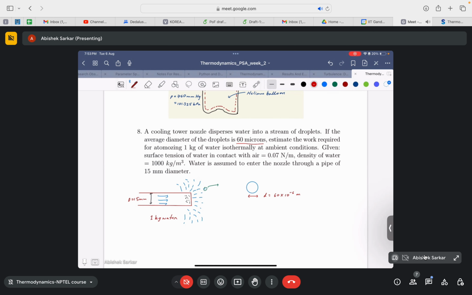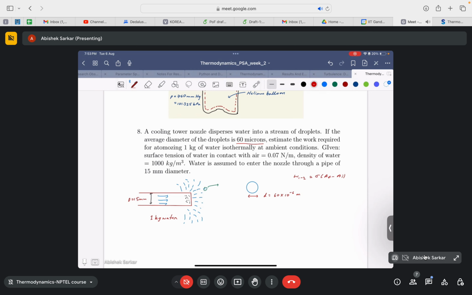So see, the hint is in this term, surface tension. So as I mentioned, the surface tension work is given by the surface tension coefficient sigma multiplied by the final area minus the initial area. So the initial area would be the area of the water, or the cylinder of water, because the pipe is in cylindrical shape. The area of the cylinder of 1 kg of water.